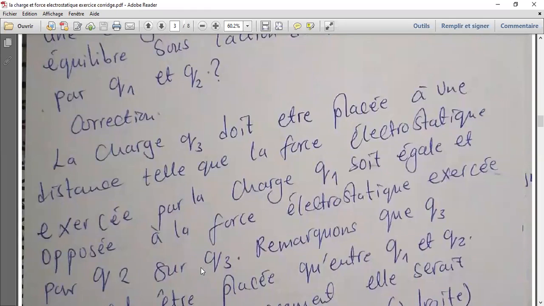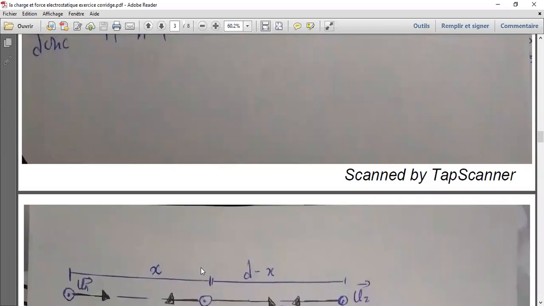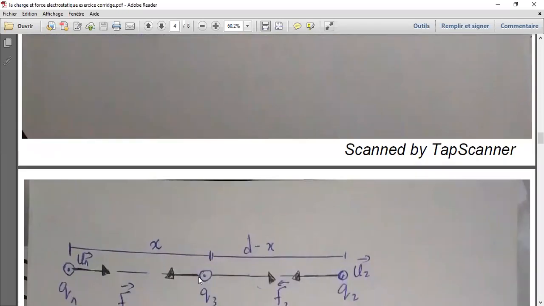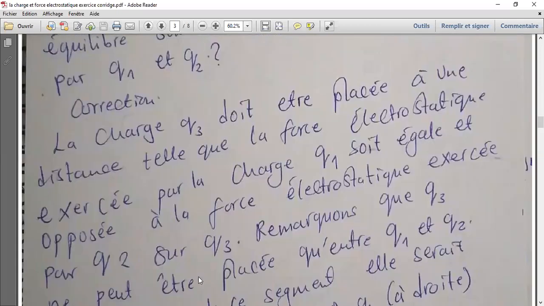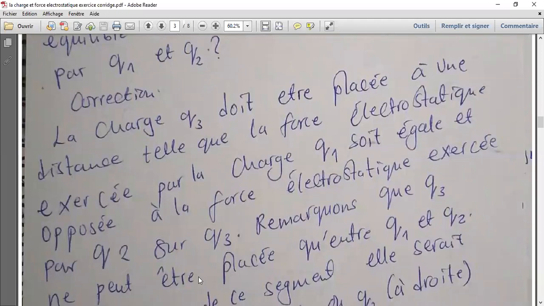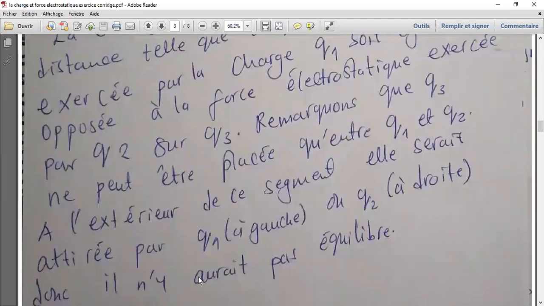So they are saying that your charge Q3, as I said here, has to be placed at a distance where the force exerted by charge Q1 must be equal and opposite to the force which is exerted by what?